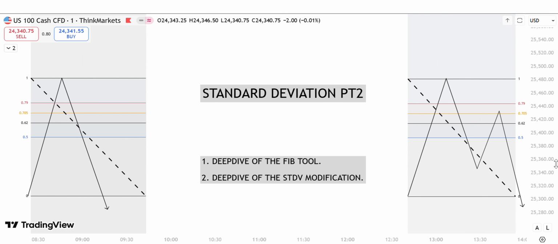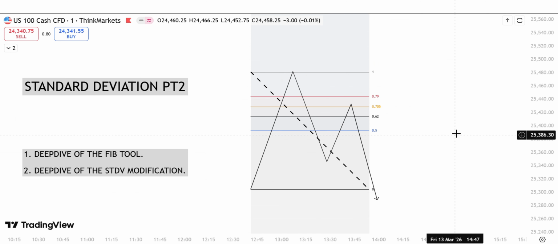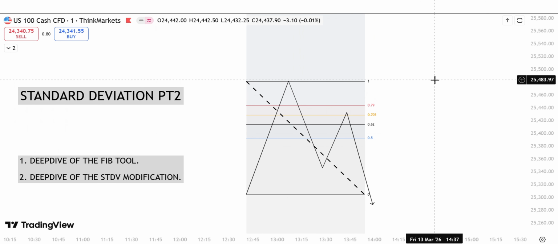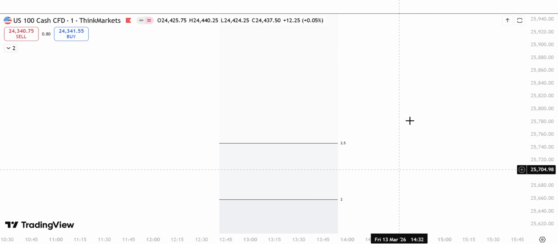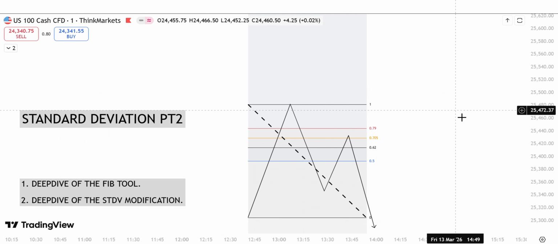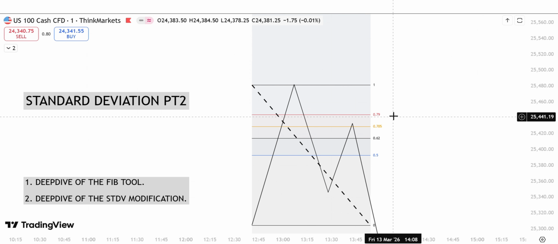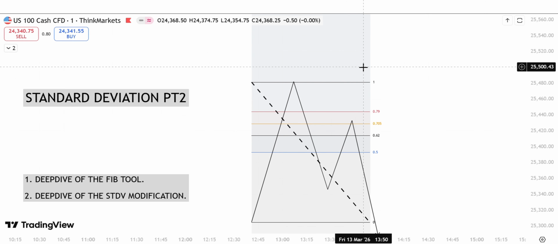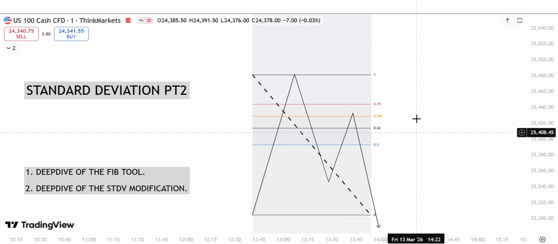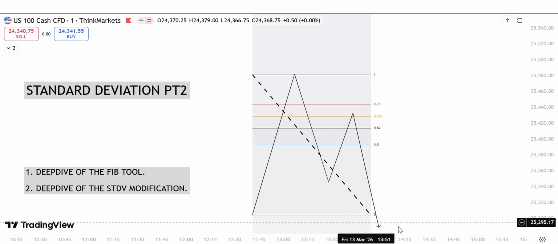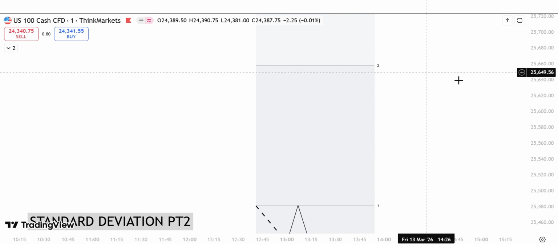Now let's look into this right side where we have the deep dive of the Fib tool. All of these levels that you see, I'm going to explain in the Standard Deviation modification. But to start things off, I will start with the Fib. The Fib consists of mainly these four levels, and also the range, because it's from 0 to 1, and you also have some projections.